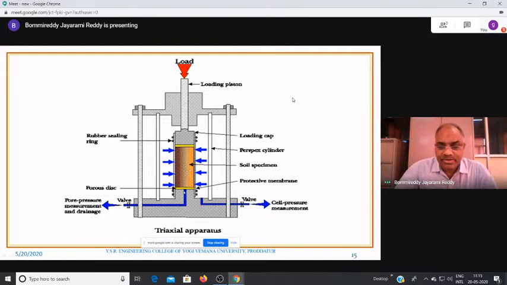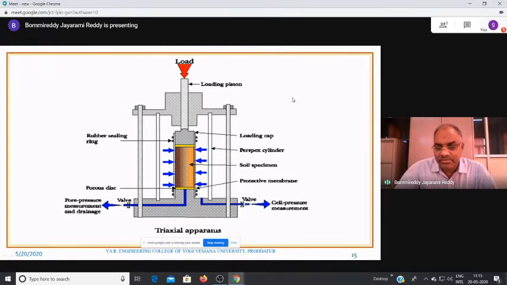Similarly, the water in the perfect cylinder is provided with some pressure, because the cell pressure is applied around the soil sample by means of this water. For that there is a drainage pipe connected with a valve and meter arrangement, so that we can measure the cell pressure.